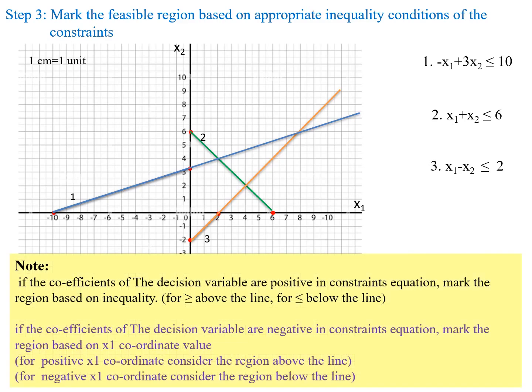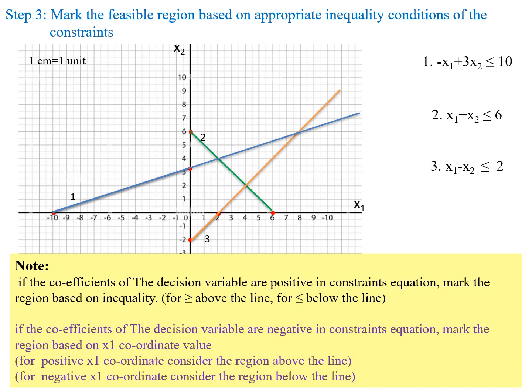First condition: if the coefficients of the decision variables are positive in the constraint equation, then mark the region based on the inequality symbol. If it is the greater than or equal to symbol, we have to consider the region above the line. If the inequality symbol is less than or equal to, then we have to consider the region below the line.